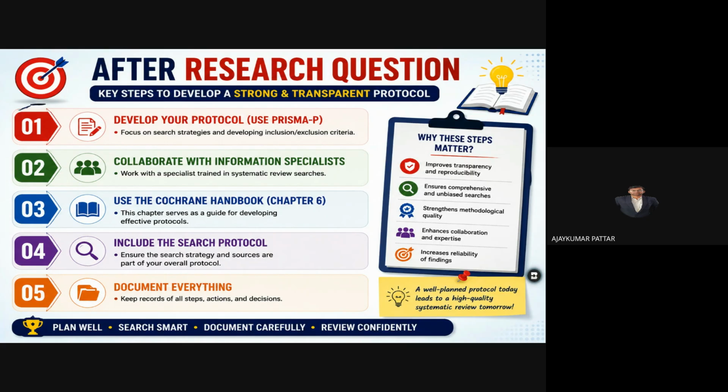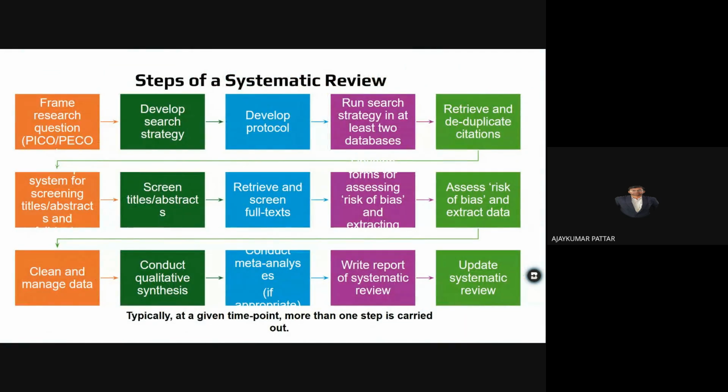I will show that document also. We are not going into detail, but now you have understood. In a research question, there are four components: PICO, population, intervention, comparator, and outcome. So here we completed the first step, how to frame the research question.